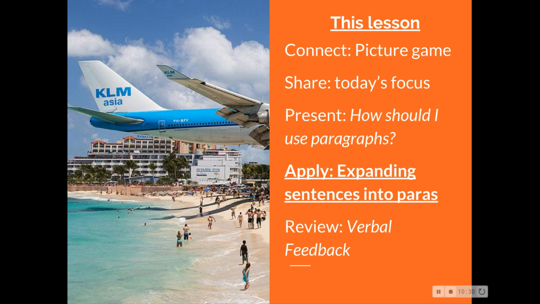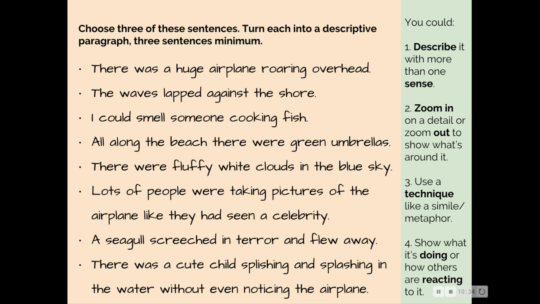Now, let's try expanding some sentences into paragraphs. So, please choose at least 3 of these sentences. See if you can turn each of these sentences that you choose into a descriptive paragraph with 3 sentences minimum, meaning each of the paragraphs that you write should be all about whatever thing you choose.